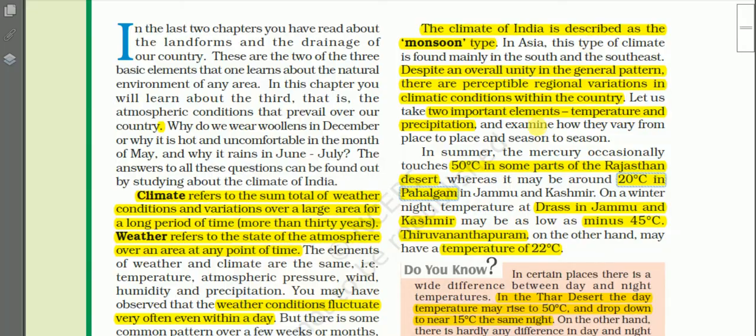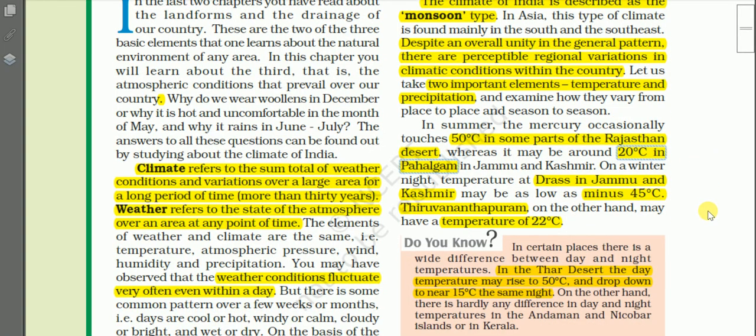On a winter night, temperature at Dras in Jammu and Kashmir may be as low as minus 45 degrees Celsius. Very, very cold.